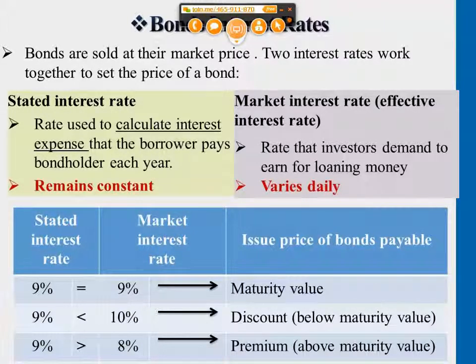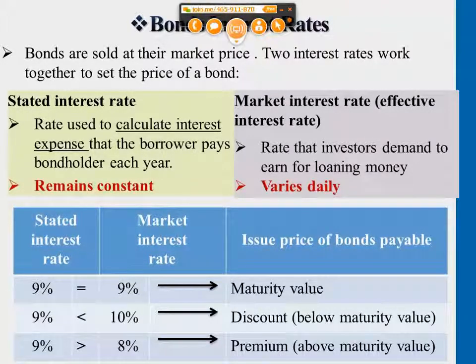So your company is at a disadvantage for issuing a bond with a lower interest rate, which is why usually you're not able to get what's stated on the bond certificate. If we flip the situation, if the market interest rate is lower than what your company is offering, your company's bond is more attractive. And so you're able to raise the money, sometimes even above the bond certificate's stated value. You're able to borrow more.